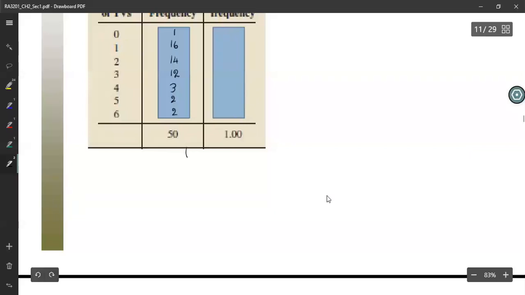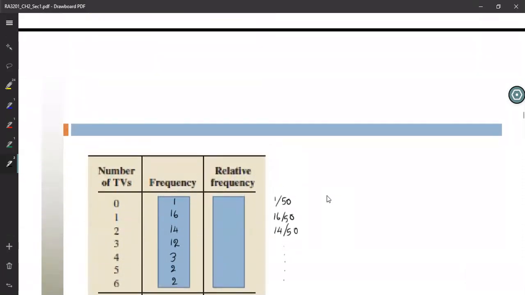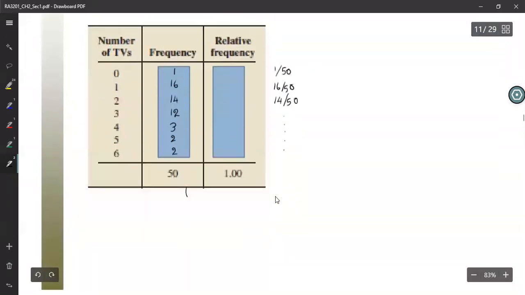So this will be 1 out of 50, 16 out of 50, 14 out of 50, and so on. So I leave it for you. You can prepare the relative frequencies and put the percentages here, and they should add up to 100%. Okay.